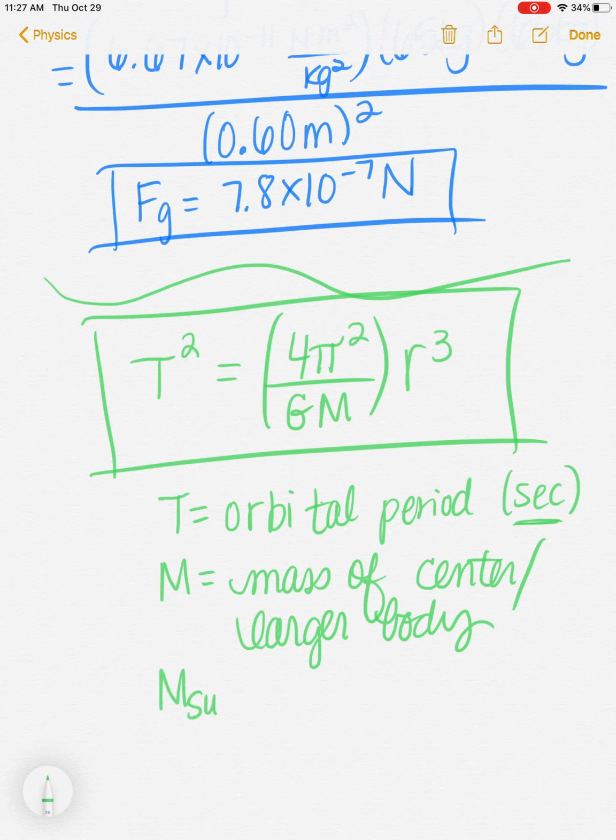And I would like to tell you that the mass of the sun is equal to 1.99 times 10 to the 30th kilograms, because there are a lot of objects that do orbit the sun, and you might need that as you are working through homework problems. R is the radius of the orbit, or the distance between the two objects, and you must express that in meters, not kilometers, for this to work out, or centimeters, I guess, if it's really small objects.